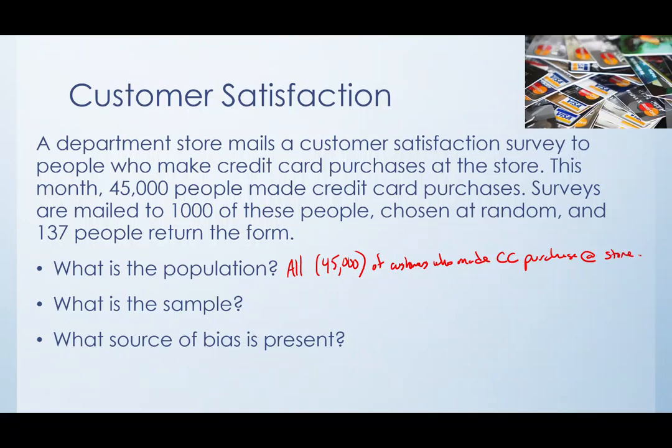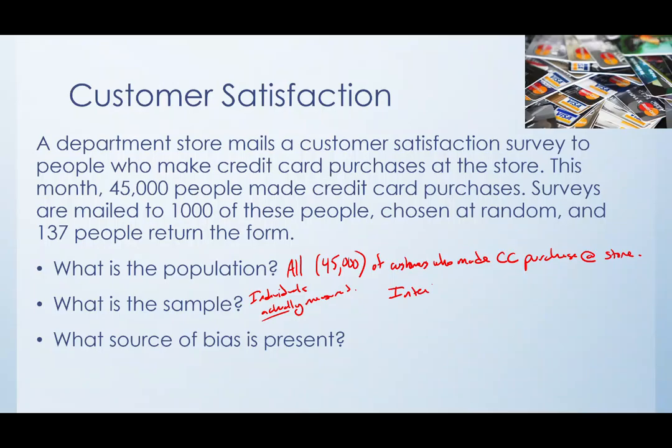Now here's what we have to remember. It's the individuals who are actually measured. Okay, so you might say, oh, it's the 1,000 people, 1,000 customers that were selected. And you would say, but wait, not all 1,000 of those were measured. All right, so we kind of have a difference here.